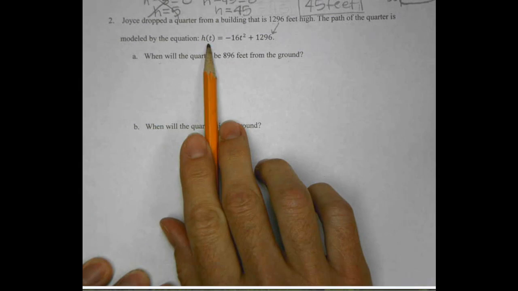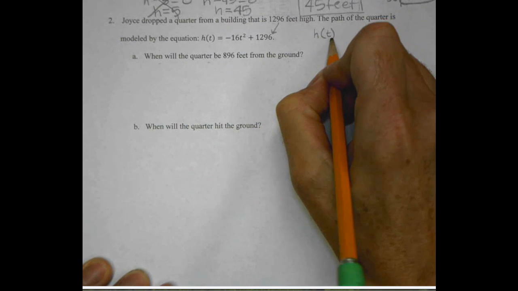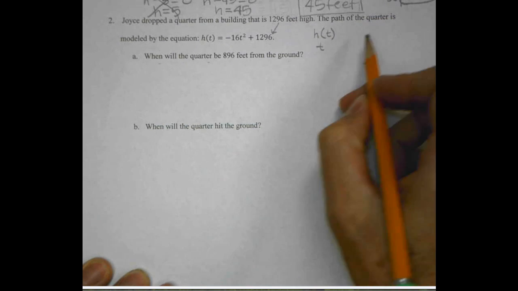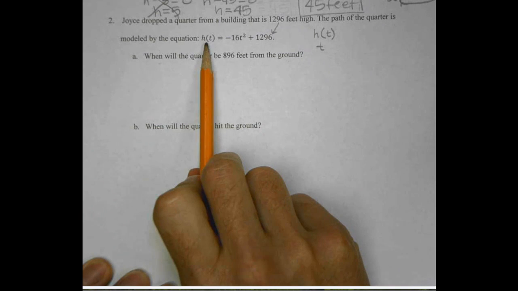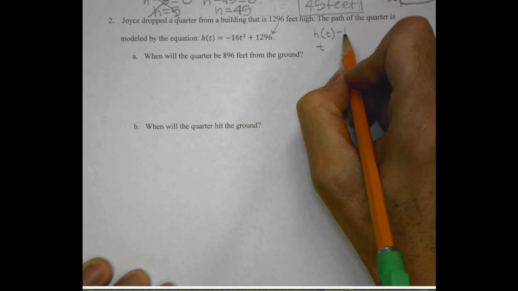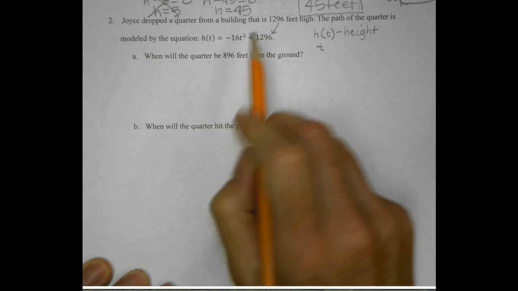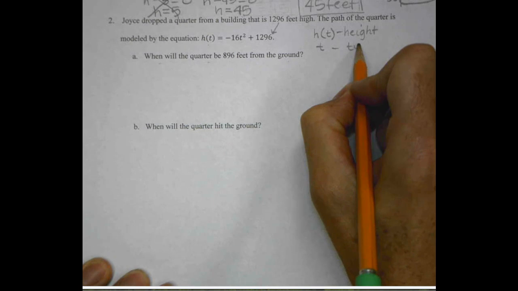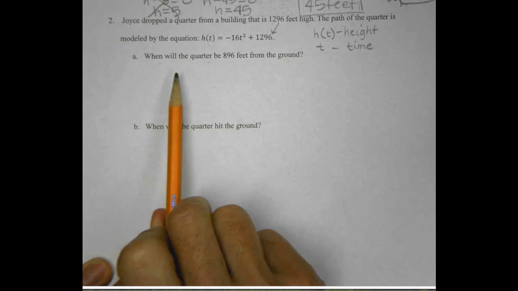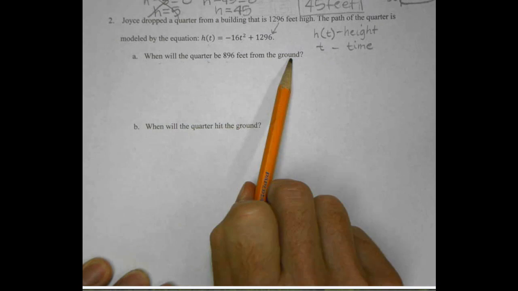So we should think about this again, and I have two variables. One is h of t, and the other is just t. Now the h of t, if you remember from the problem we just did, that's going to be your height. And the t by itself is going to be the time. Now for this first problem, when will the quarter be 896 feet from the ground?